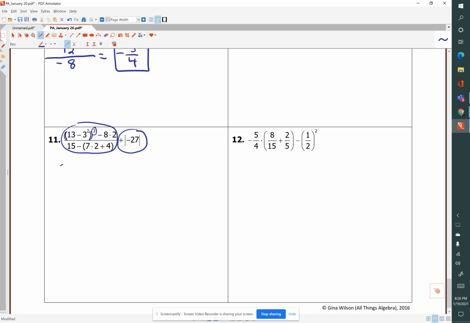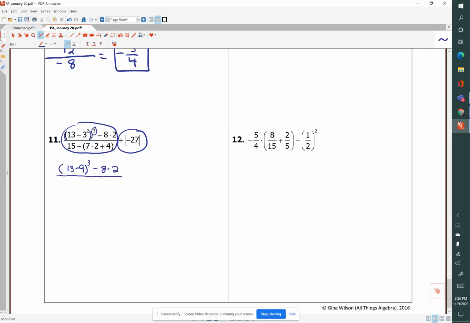So start with the numerator. 13 minus 3 squared would be 13 minus 3 times 3, which is 9. And then that all will be raised in a few steps from now to the third power. Minus 8 times 2.